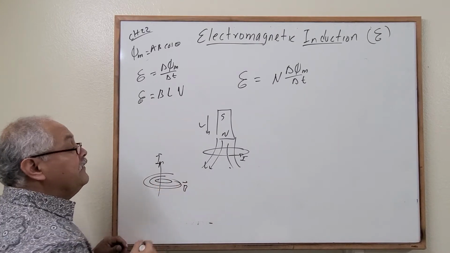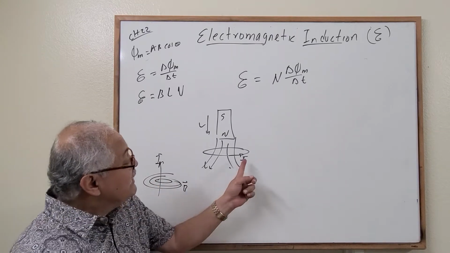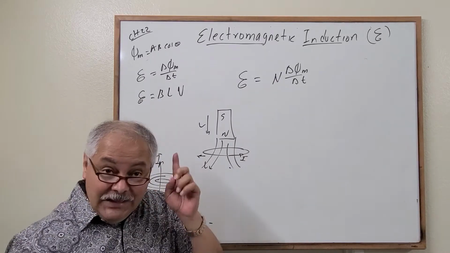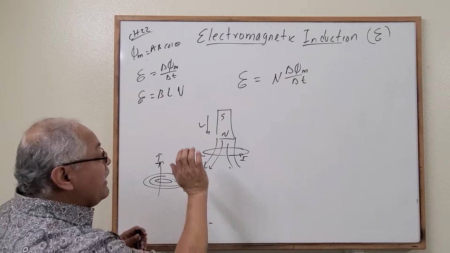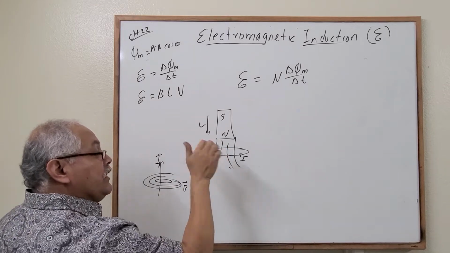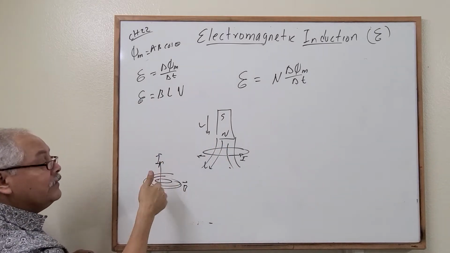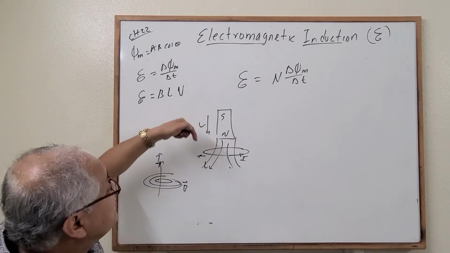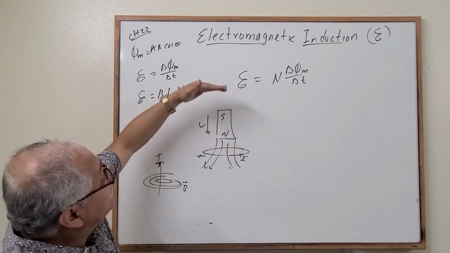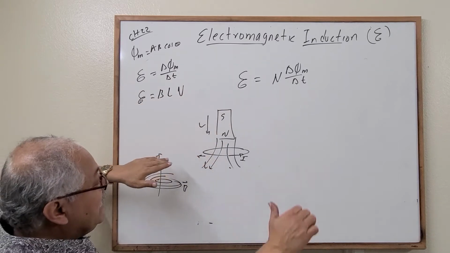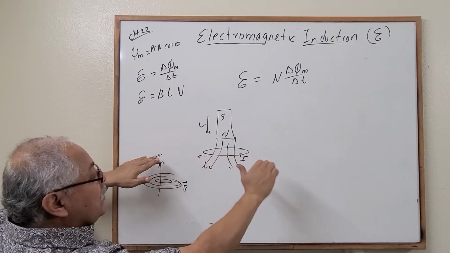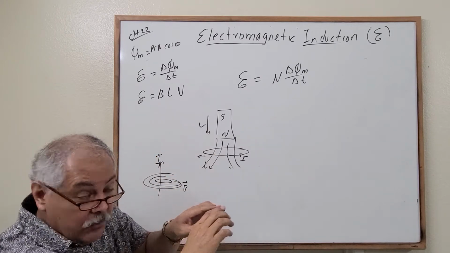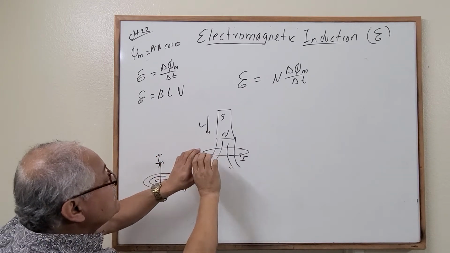Imagine that this current goes in this direction. If that current goes in that direction, the magnetic field goes in this direction, using the right-hand rule. The same thing happens right here. When we have a changing magnetic field going downward because this magnet goes downward, and also we have a current in this direction. Now we increase more the strength at this instant.